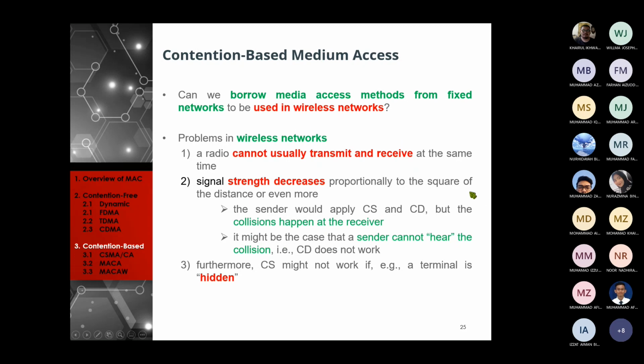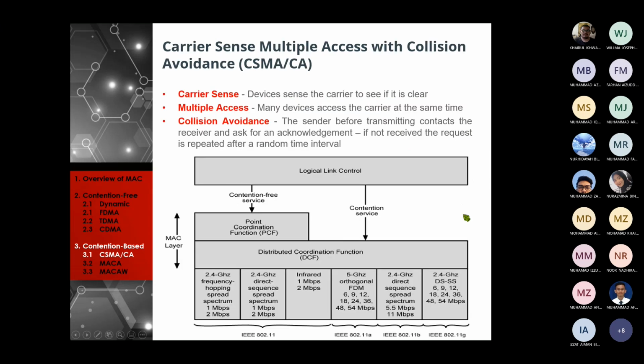Salah satu cara dia guna konsep CSMA/CA, maksudnya dia tambah time supaya tak berlaku collision. Carrier sense multiple access collision avoidance: sense the carrier to see if it is clear. Dia kena sense dulu carrier tu dah boleh transmit ke belum.